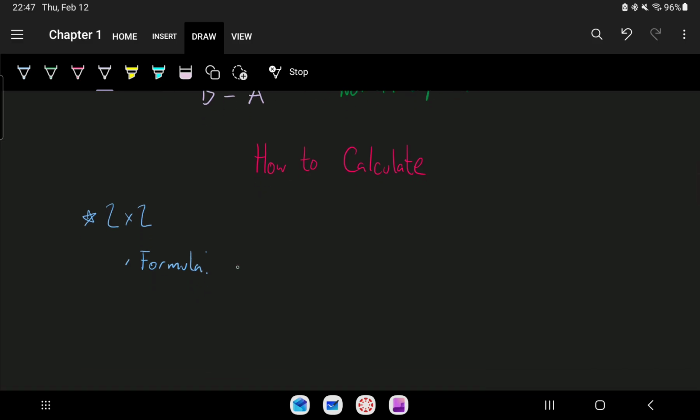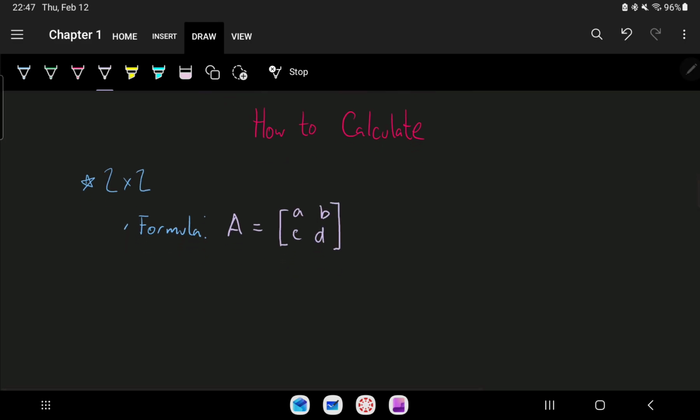So if you have a 2x2 matrix A that looks like this, general A, B, C, D, then if the inverse exists, A inverse would look like 1 over AD minus BC times a different matrix that's pretty similar.